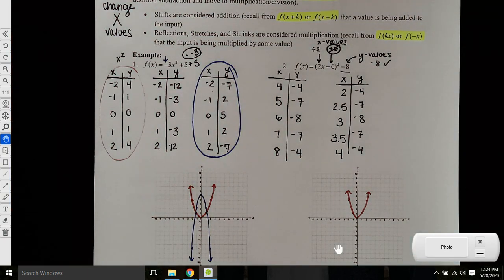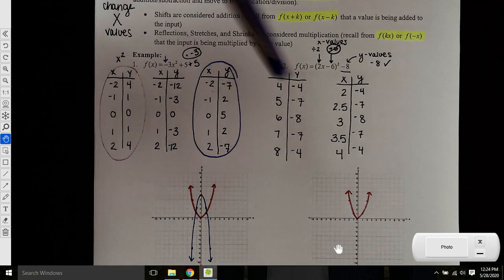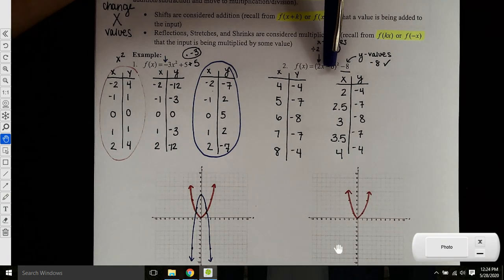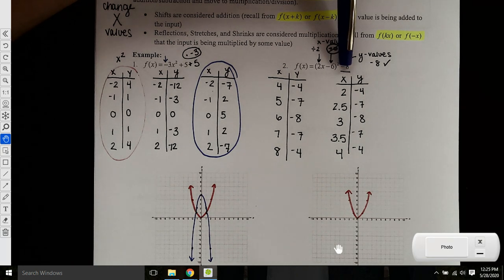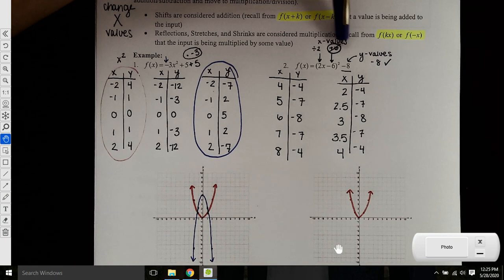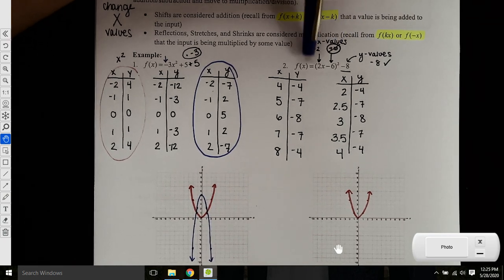So now I'm going to plot these points. Now what I should see is a shift right 6, down 8, but then I should see a horizontal shrink by a scale factor of 2.